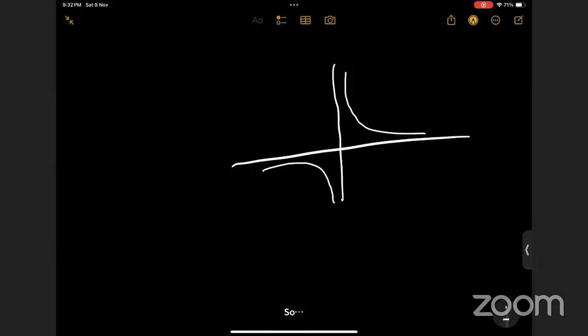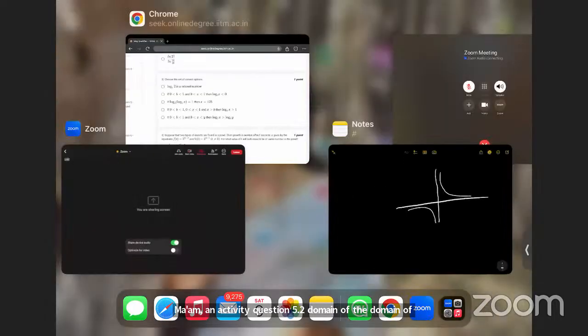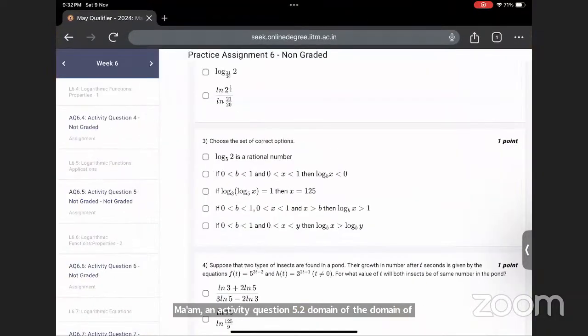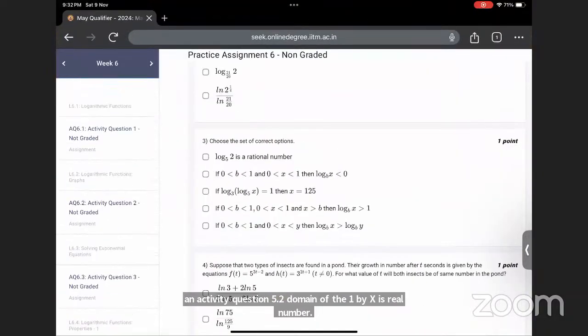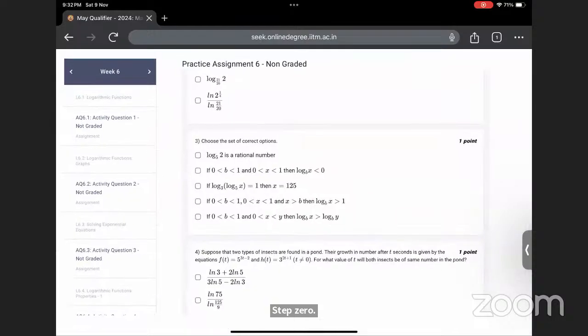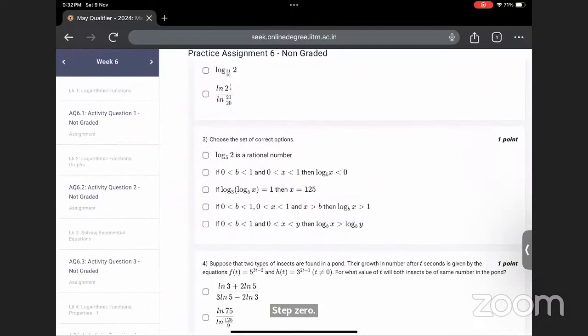Ma'am, in activity question 5.2, the domain of 1 by x is real numbers except 0. So is this function increasing or decreasing? 5.2.